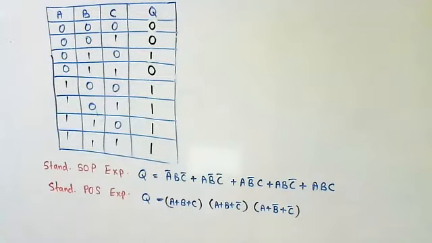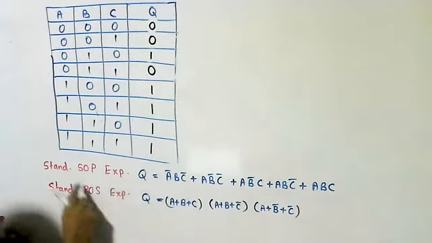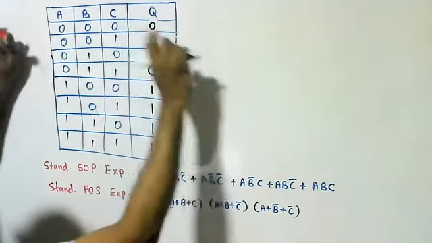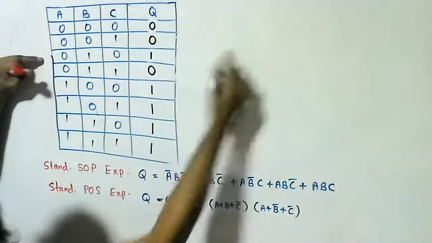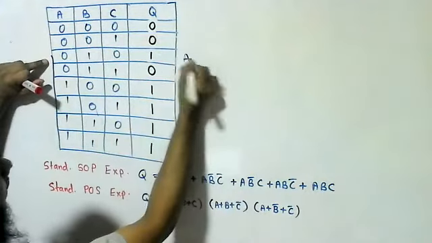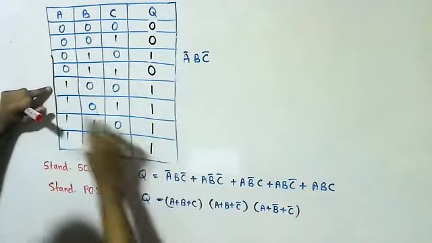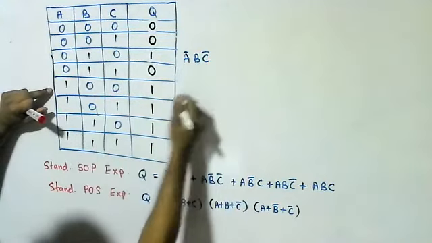I'm going to get the min terms and max terms. Then we can see whether this standard SOP expression and standard POS expression are correct or not. Right. Quickly, I'll go through. First of all, I'm taking the min terms. Here, A bar B C bar, output is 1.